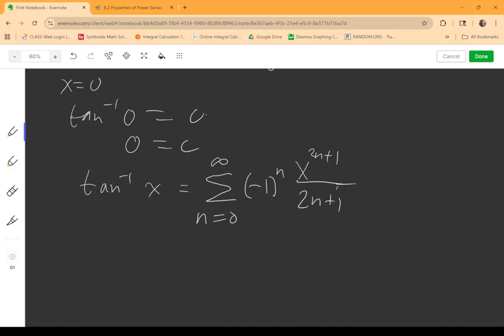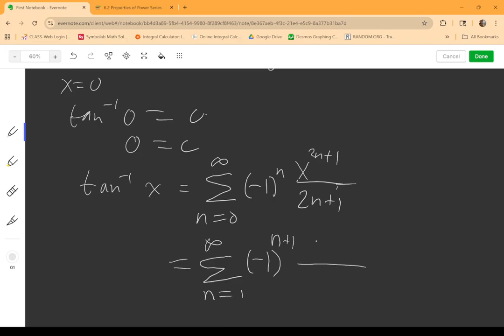Okay, now one thing that I do want to just mention here, the last thing, is that you can mess with these counters, right, and it still represents the same series. So for example, I could let n be 1. Now, in this case, I do have to adjust a couple things. The first term is positive, so this would have to be n plus 1.